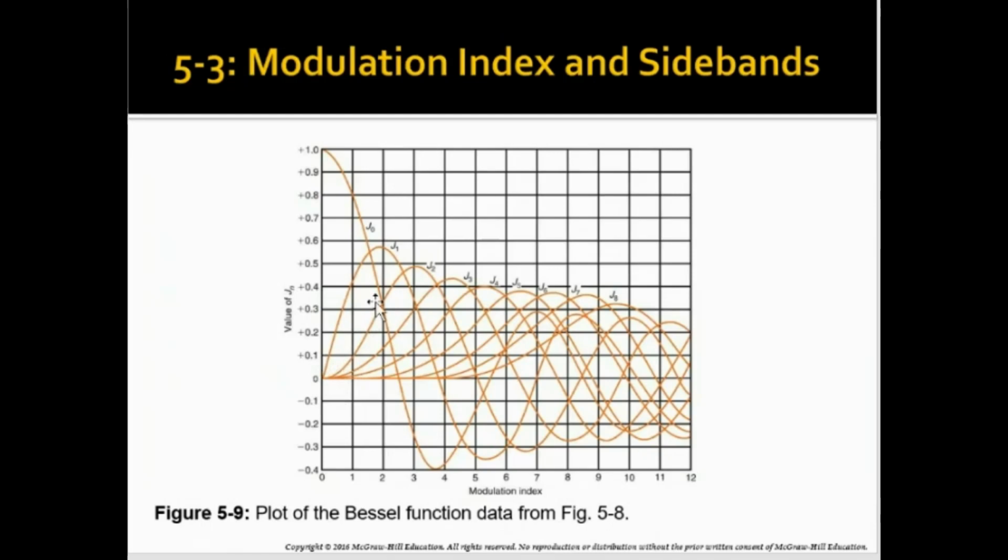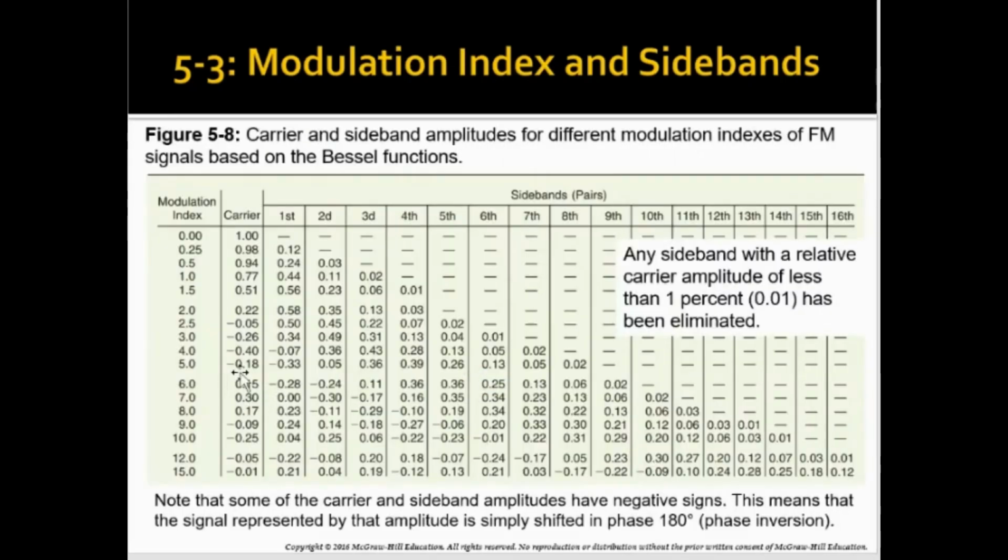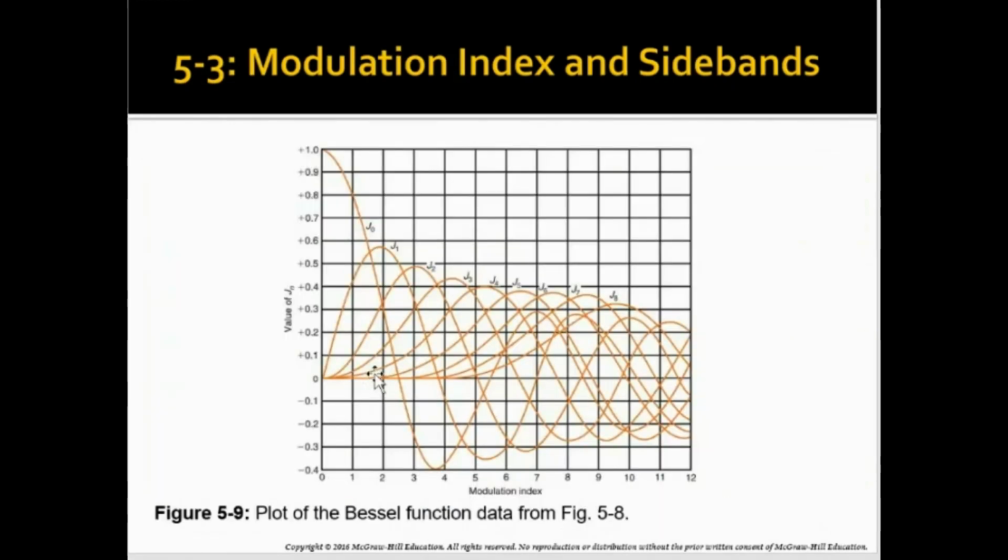The second sideband J2, if you follow, is here. For modulation index of 5, this is somewhere positive, a very small positive value, less than 0.1. If you look here, you can see this is positive 0.05. And the third one, we expect to be positive 0.36. Let's see that one.